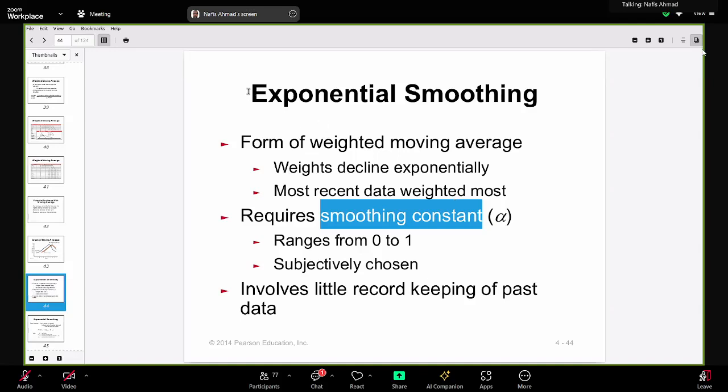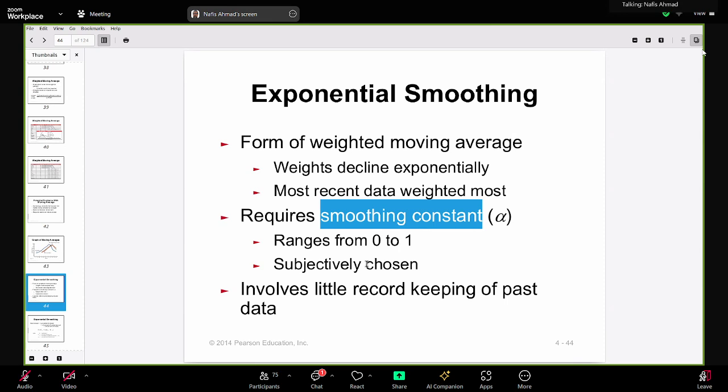So the exponential smoothing technique requires this smoothing constant value, and it ranges from 0 to 1 and is subjectively chosen. It depends on different scenarios, different products, different environments. The value of alpha changes, and the value of alpha should be known in advance for any specific case.